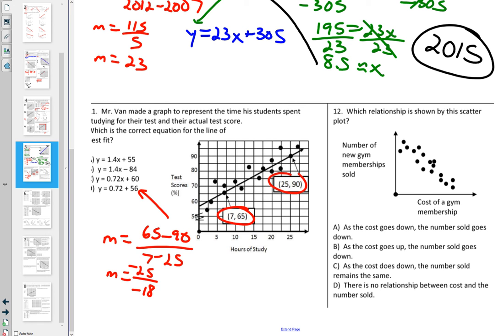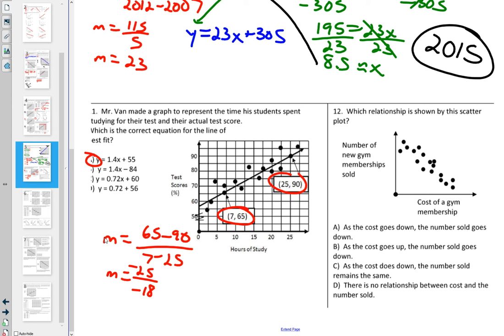I'm getting 1.4. Huh? So yeah, it has to be A then. Even though 56 looks like a better y-intercept, 55 is close enough, and that slope can't be 0.70.